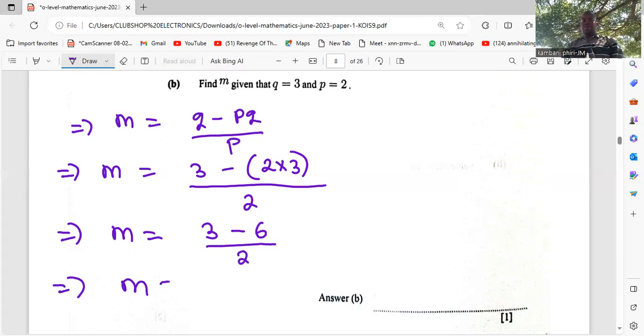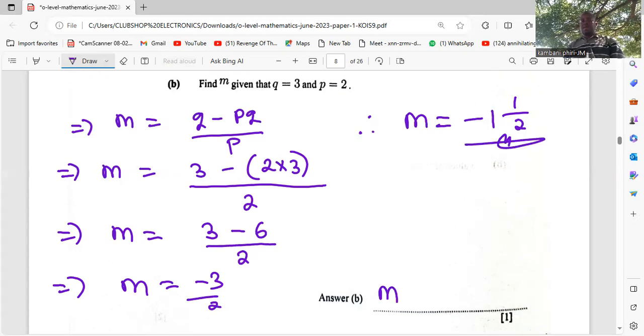Our M is equal to negative 3 divided by 2. Therefore, M is equal to, when you divide 2 into negative 3, you get negative 1. We also have a remainder which is 1 divided by 2, and our M is negative 1 and a half.